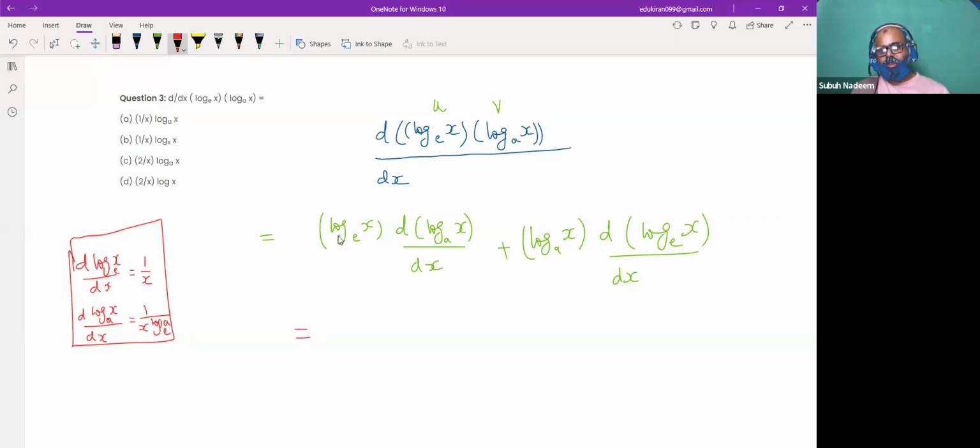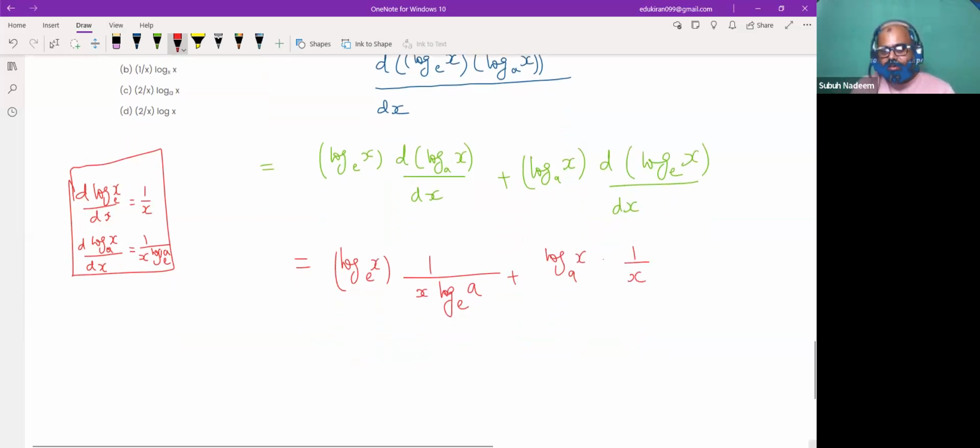So when you differentiate, this log x to the base e will remain as it is. And the differentiation of log x to the base a will be 1 by x log of a to the base e. Plus this is log x to the base a into the differentiation of log x to the base e, which is 1 by x only. So you write it like this.